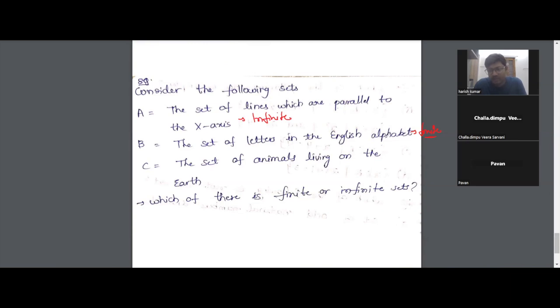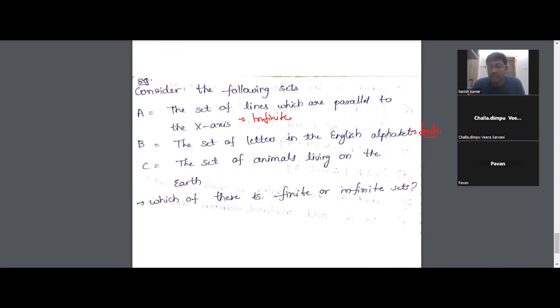Animals live and die. No, see, at this moment, the set of animals living on this earth has fixed elements, right? You can count them.